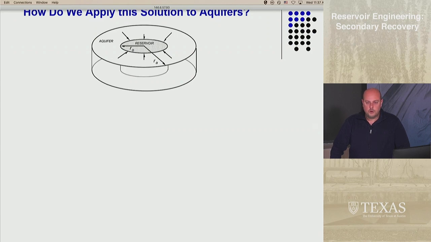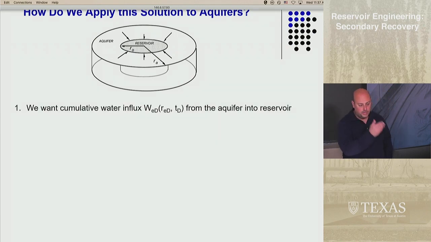So if the reservoir was at constant pressure, then we could use the solution to figure out how much water came in cumulatively with time into the reservoir. So again, that's what we want.